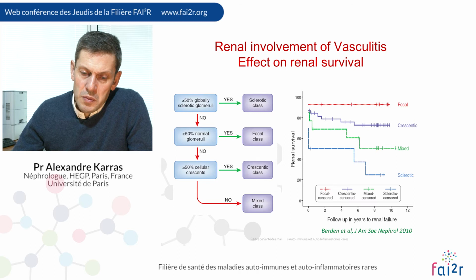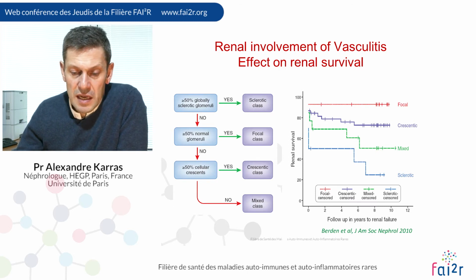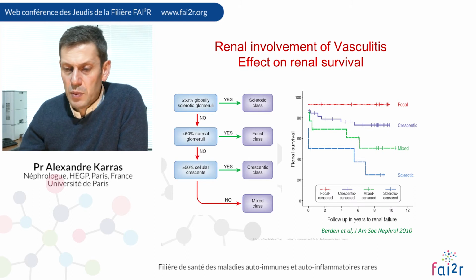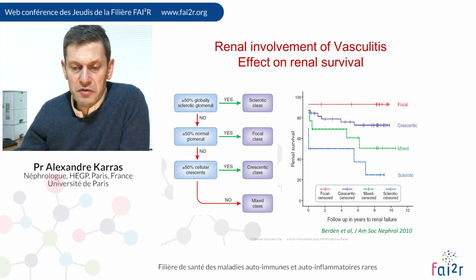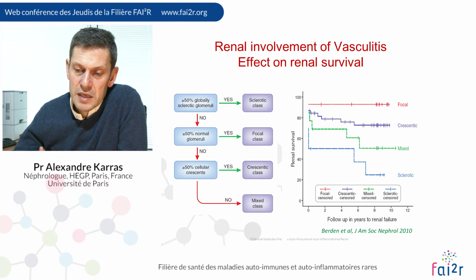So when you have more than 50% of cellular crescents, we have a crescentic class, and all the others are put in the mixed class. What are the renal prognosis of those patients? You can see here that the red curve, which reflects focal class, had the best outcome.